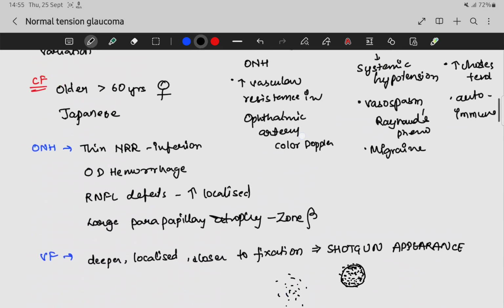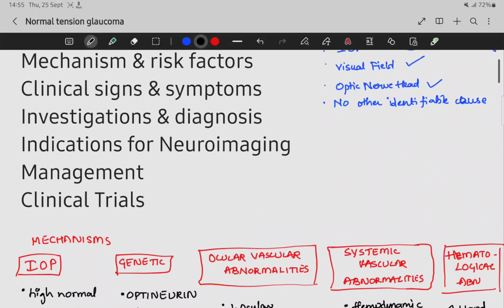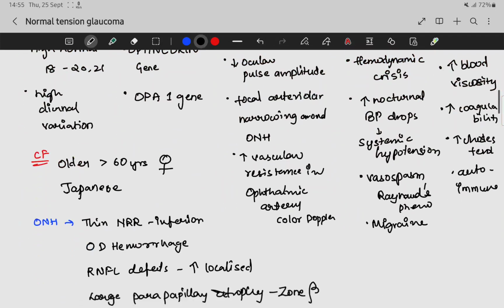Now we will discuss what are the indications for neuroimaging in these cases. So it includes general and ocular.